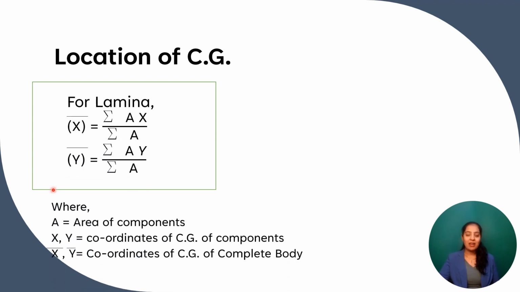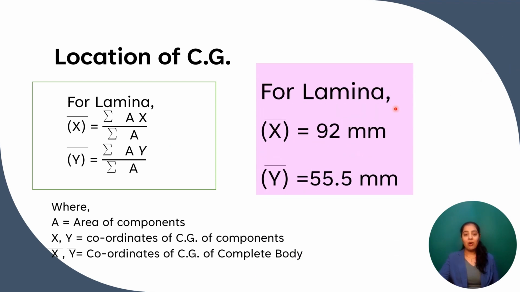And for y bar, it is the summation of A into y divided by the summation of area. And these are the meanings. So by applying this formula, we got x bar is equal to 92 mm and y bar is equal to 55.5 mm.